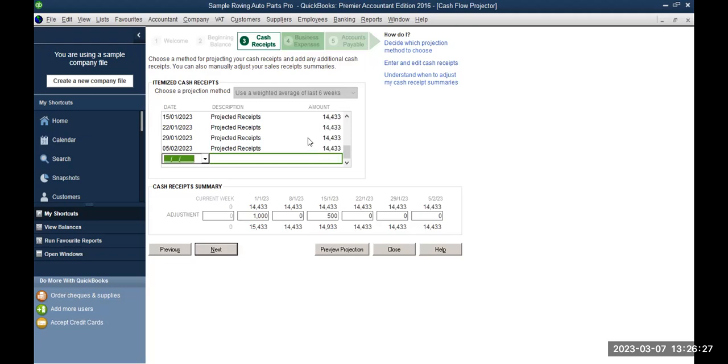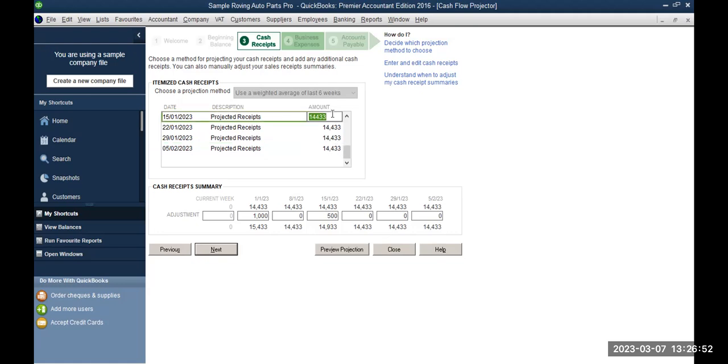Now, at this point, you can choose how you want to have your cash flow projected. So in this one option is to use the average weighted for the last 6 weeks. So over the last 6 weeks, according to this file that we're using, we've been getting an average of 14,433.